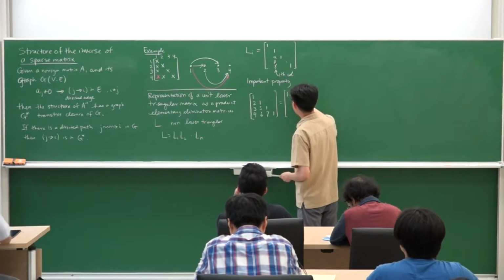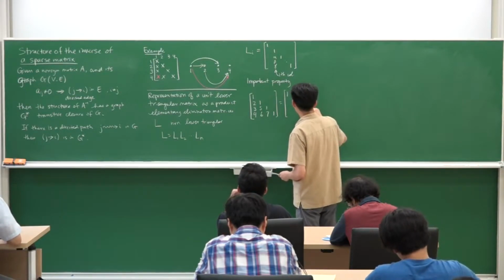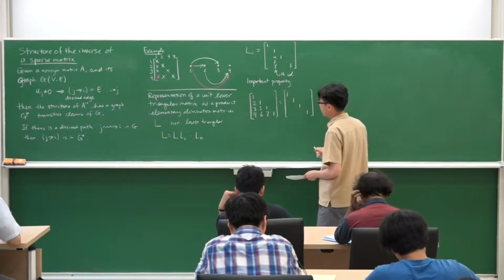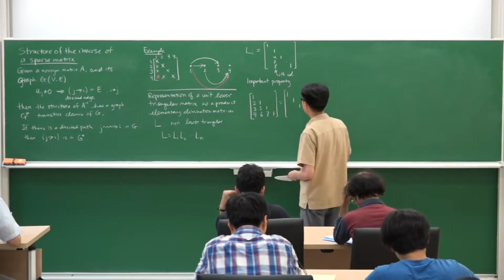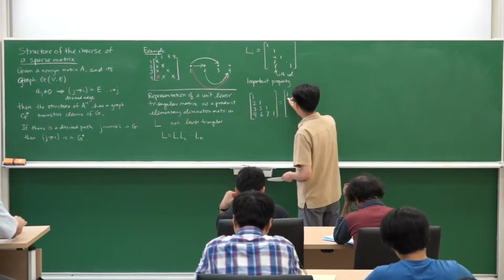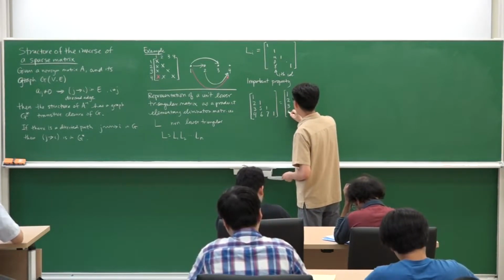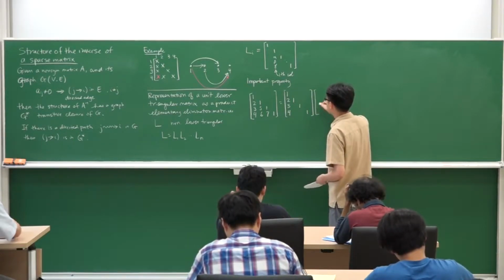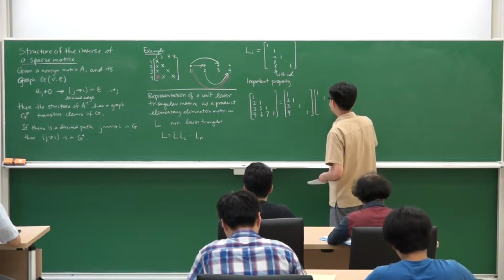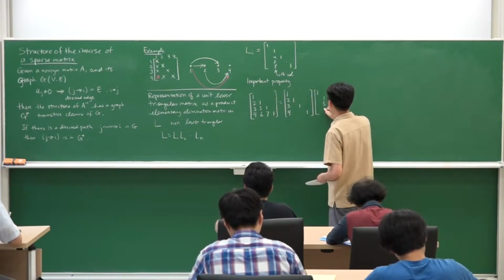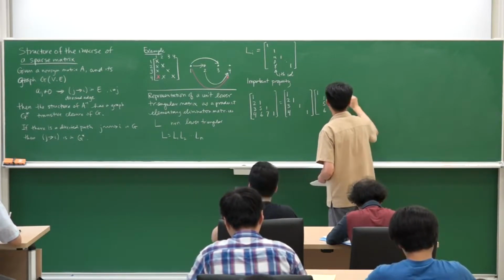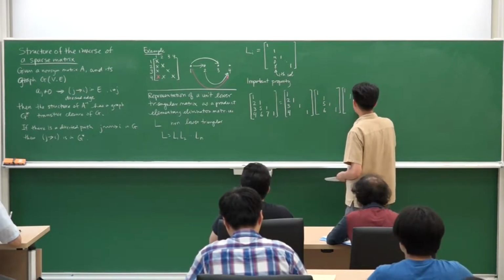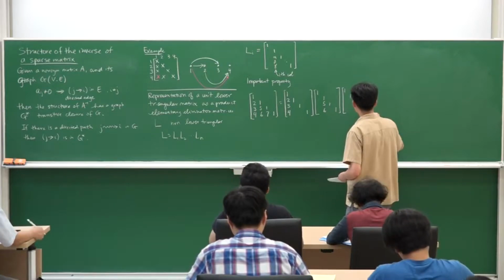It can be written as the product of 4 lower triangular matrices. The last one is actually going to be trivial, so I'm not going to draw it. And it has 2, 3, 4 in the first column, 5, 6 in the second column, and 7 in the third column.